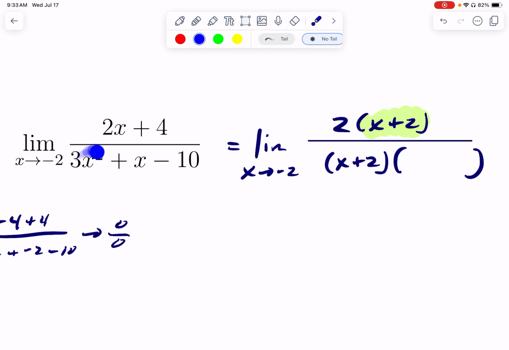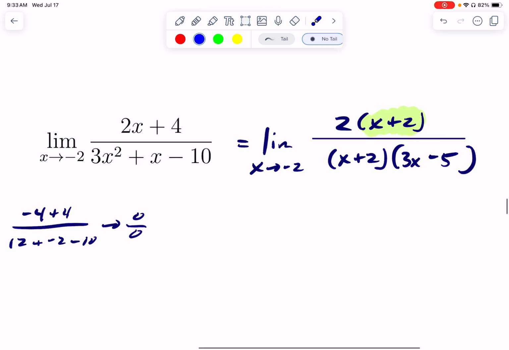Well, if I'm getting 3x squared in the front from x, I probably had x times 3x. And if I'm getting negative 10 here, I probably had 2 times negative 5. And it's not a bad idea to check that middle term. My outers give me negative 5x, my inners give me 6x, so that gives me x. So this is the correct factorization. And I found it a lot faster because I knew I would probably be canceling something.